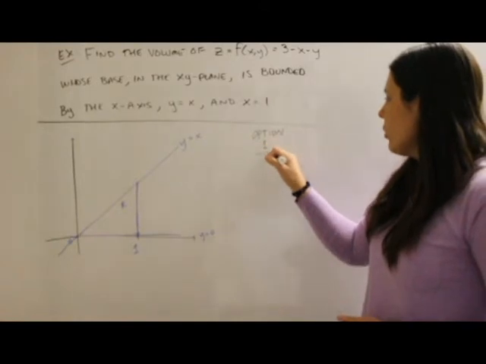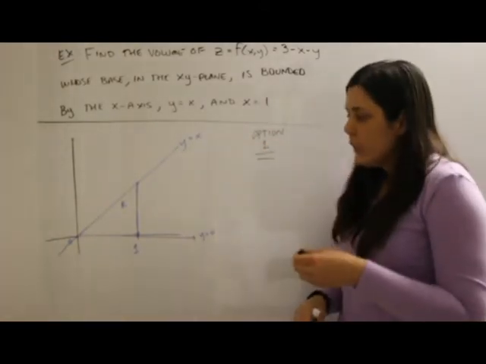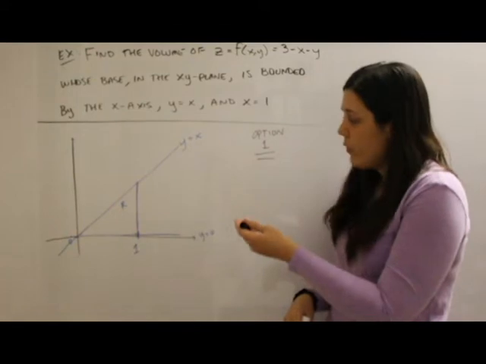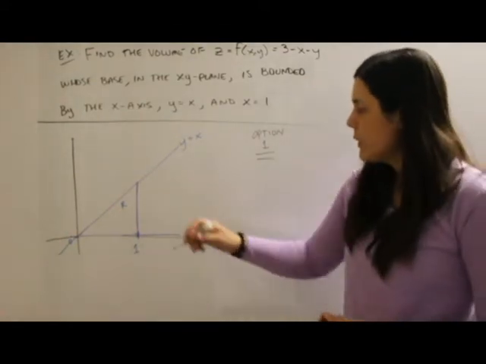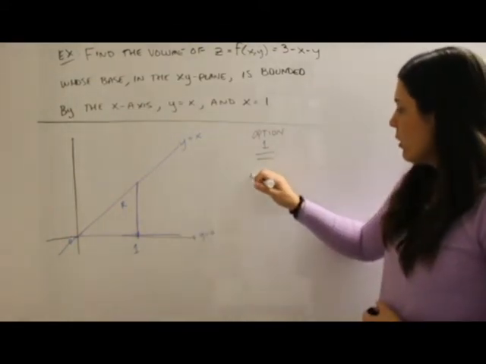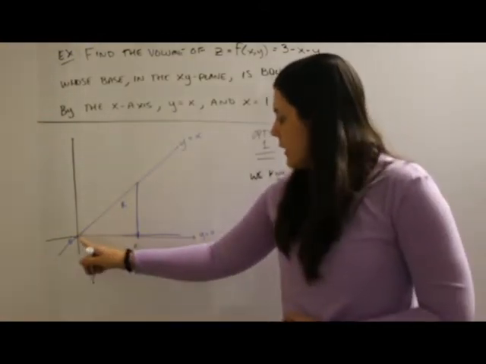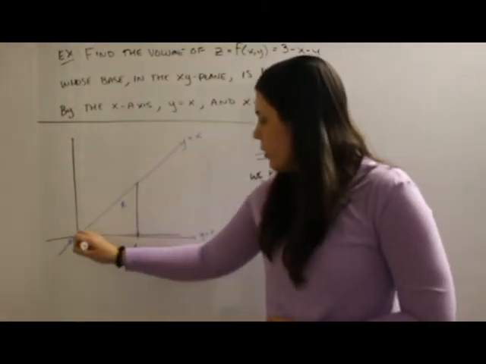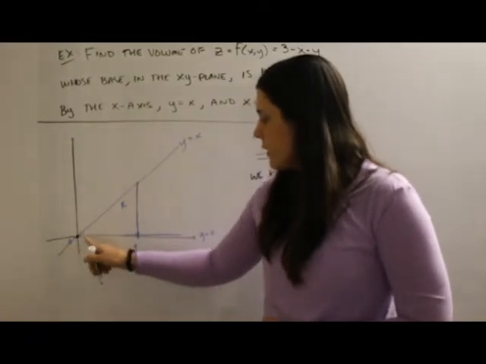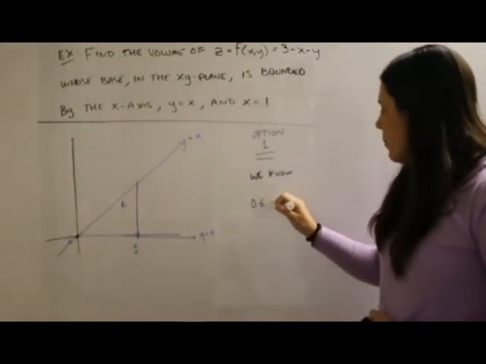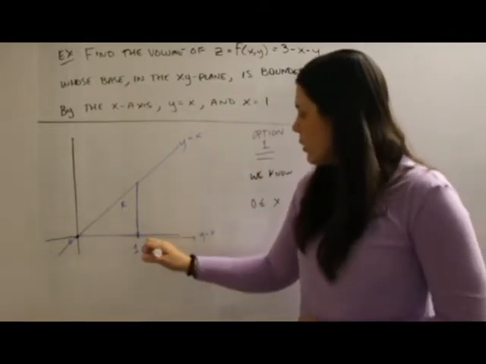So I'll call it option 1. Option 1, let's see what we know and focus on how we can come up with our limits of integration. Well, what do we know about x? For this triangular region, we know that the lowest x is 0, and the biggest that x will ever be is 1.